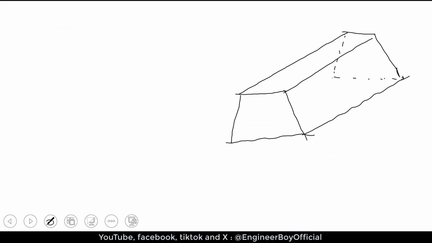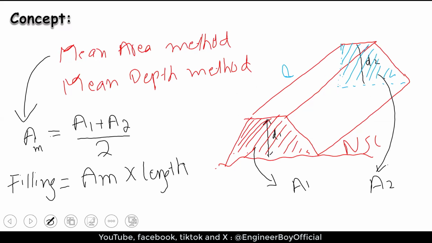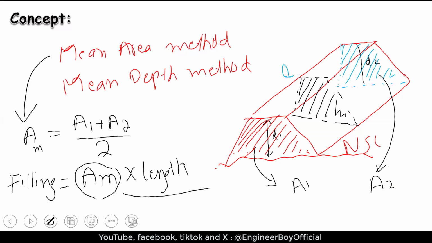As you can see, we have the mean area, which is the area of the same embankment at the middle portion, like this one. This is the mean area, AM.